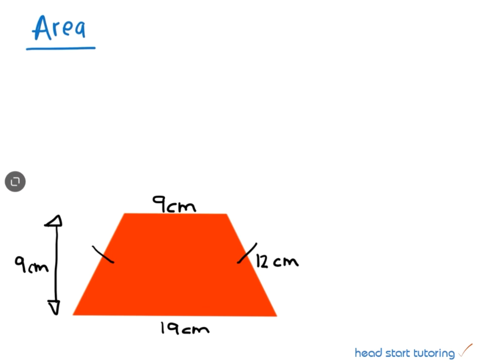If we would like to work out the area of this trapezium, what we need to do is divide the trapezium up into different shapes so that we can work with the area of shapes that we are familiar with. So we can divide this trapezium up into one triangle there and a square there and another triangle there.